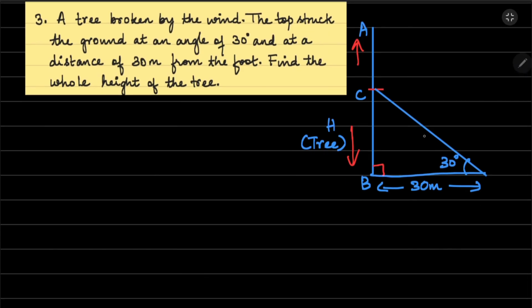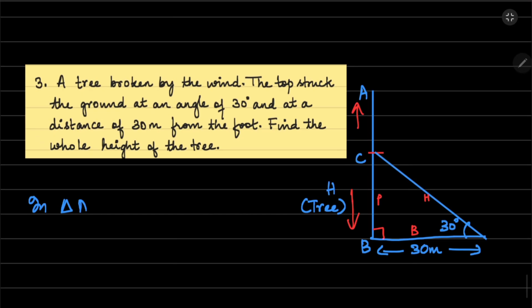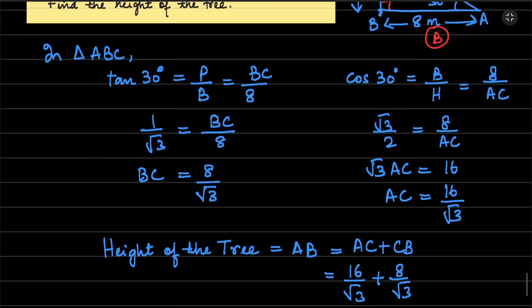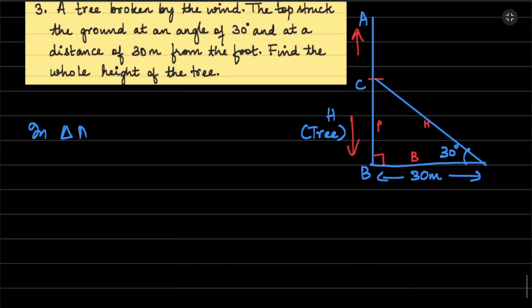This is your hypotenuse, this is your perpendicular, this is your base. So let's take triangle ABC. In triangle ABC, you have tan 30 equal to perpendicular by base.